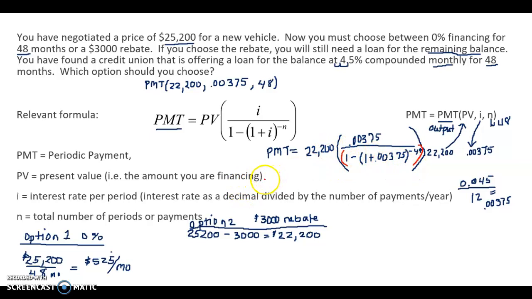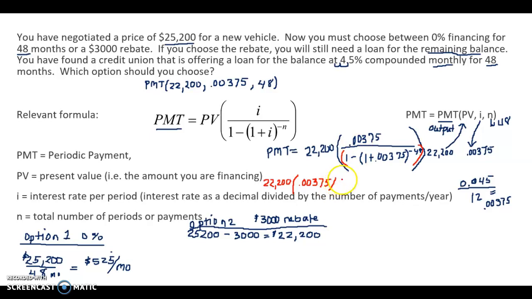On my calculator, I start by typing 22,200. Then I'm typing this big parenthesis here, so parenthesis 0.00375 divided by, that's this fraction bar.